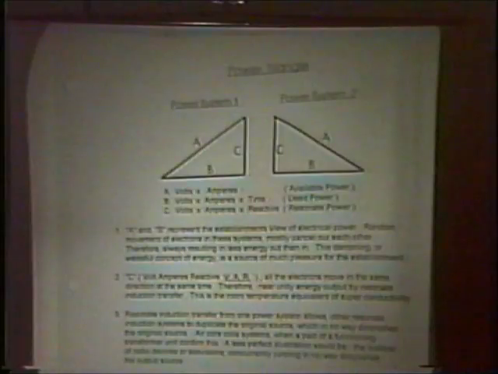Anyhow, in this power triangle, you can take a small power unit and you can power a much larger power unit. An example of that might be an atomic bomb, because you use a small bomb to set off a larger bomb, which in turn sets off the atomic bomb. In this case, you can use a small power system and pump a much larger power system.